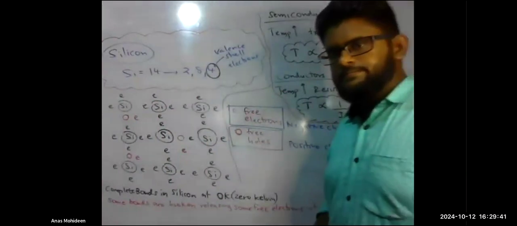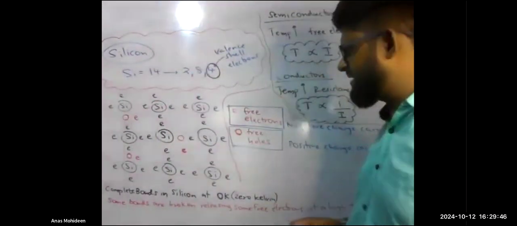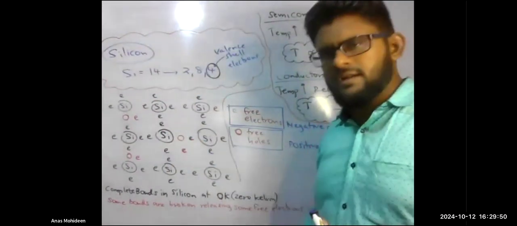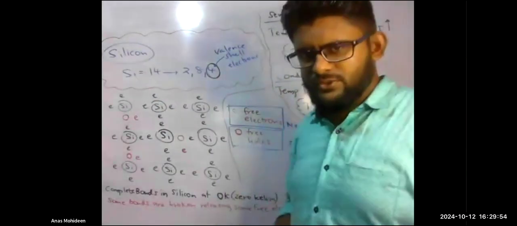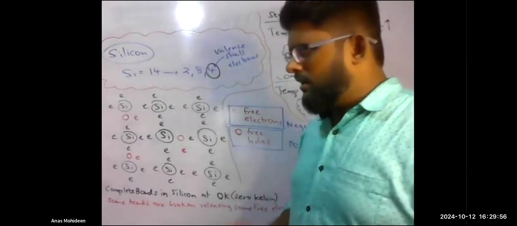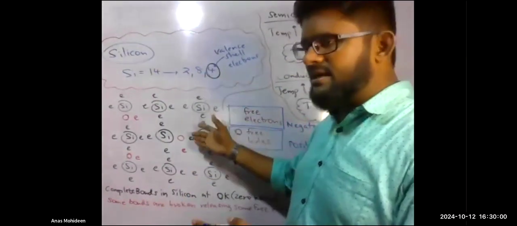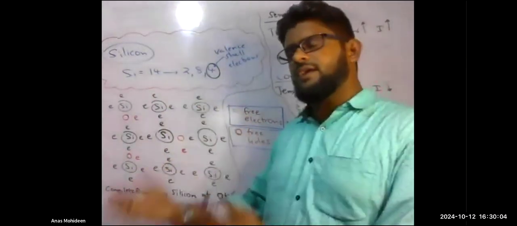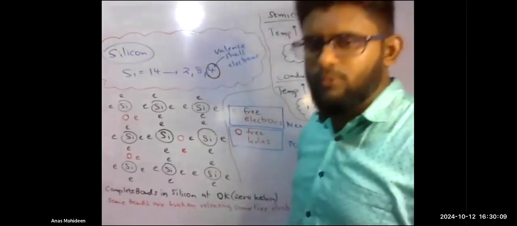So how do scientists observe that electrons are broken free when heat is increased? It may be something like this. When you increase the temperature, the semiconductor can transfer current, right? And we already know that for current to be transferred, there should be electrons. A semiconductor which was not conducting electricity, when the heat is increased, starts to conduct electricity, which means definitely it should be leaving out more electrons.